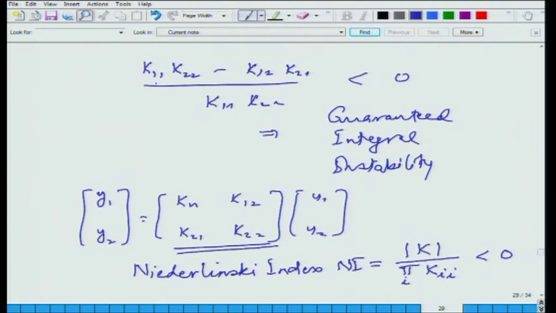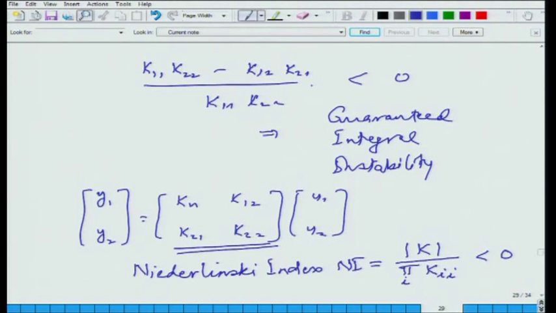The denominator is k11 k22, the numerator is k11 k22 minus the product of the off diagonal terms. So the product of the off diagonal terms is 0, which means at least one of the interaction terms, either k12 or k21, is 0, at least one or both.